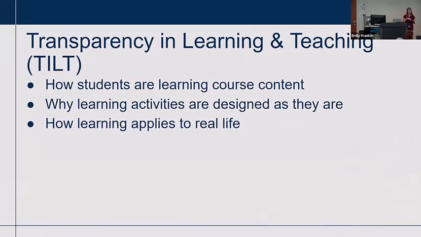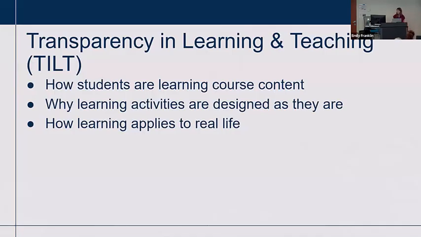Maybe it applies to other programmatic courses or their field or future job. Explaining all of that to students is going to reduce guesswork and reduce the cognitive load. So now they can focus on the task rather than what am I supposed to do? How should I? All of those questions.